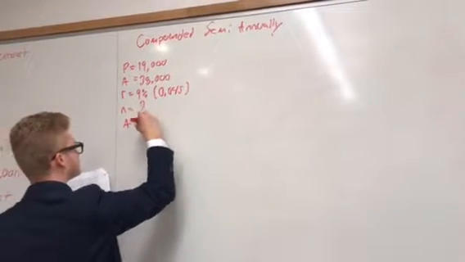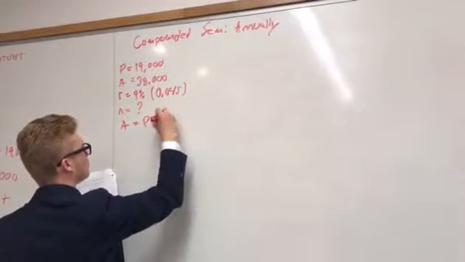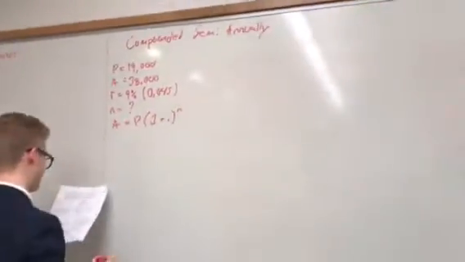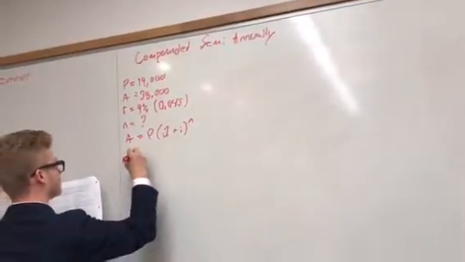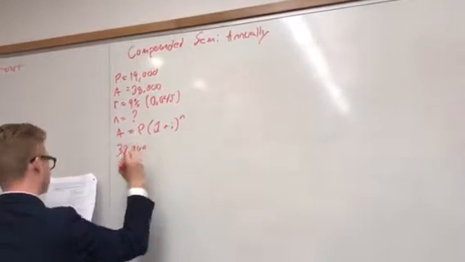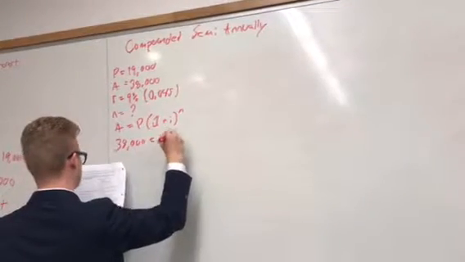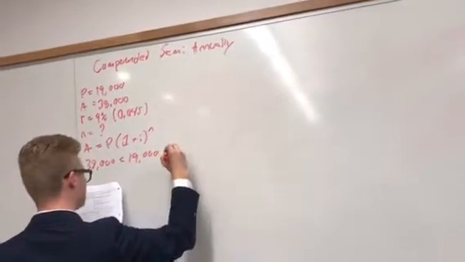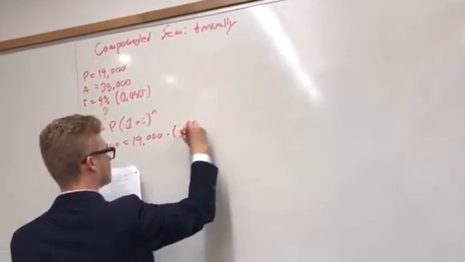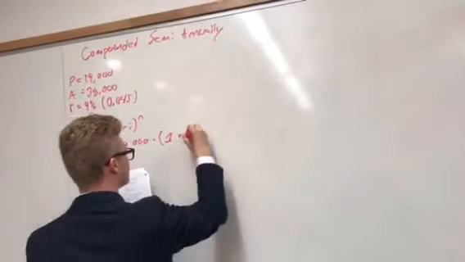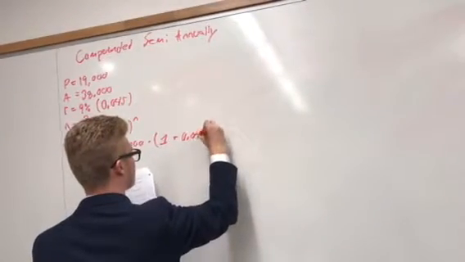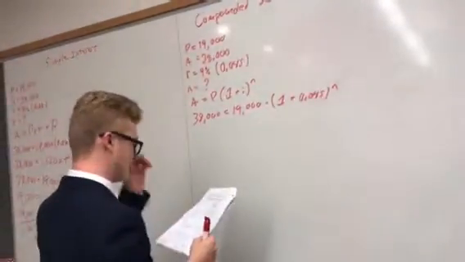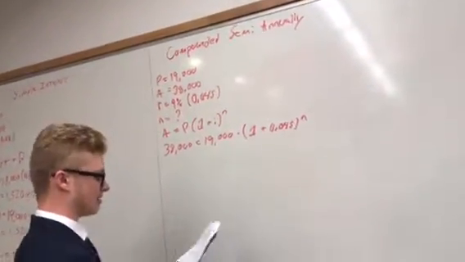And then this is the equation. A equals P(1 plus i) to the n. And so now we get into the actual equation of numbers. 38,000 equals 19,000 multiplied by 1 plus 0.045 to the power of n. And so now we want to get the 38,000 and 19,000 alone.